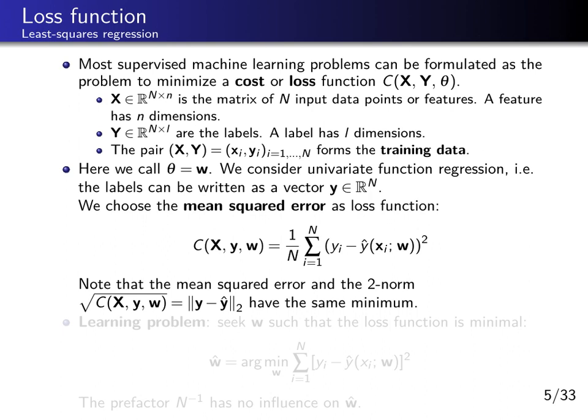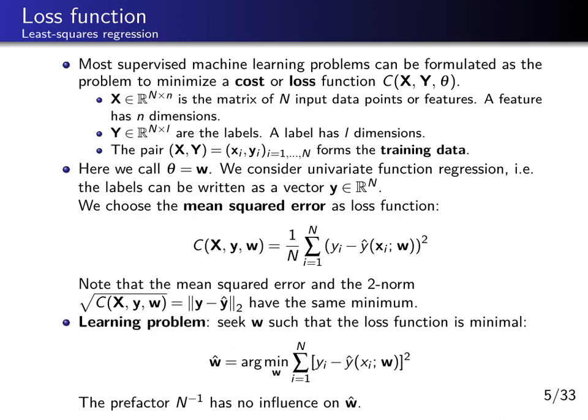Okay. So note that we can ignore the square root here, so we don't actually need to take the square root of c, because the square root of c and c have the same minimum, and this is what we are interested in. The learning problem then is to seek w, so to search the parameters that minimize the loss function.